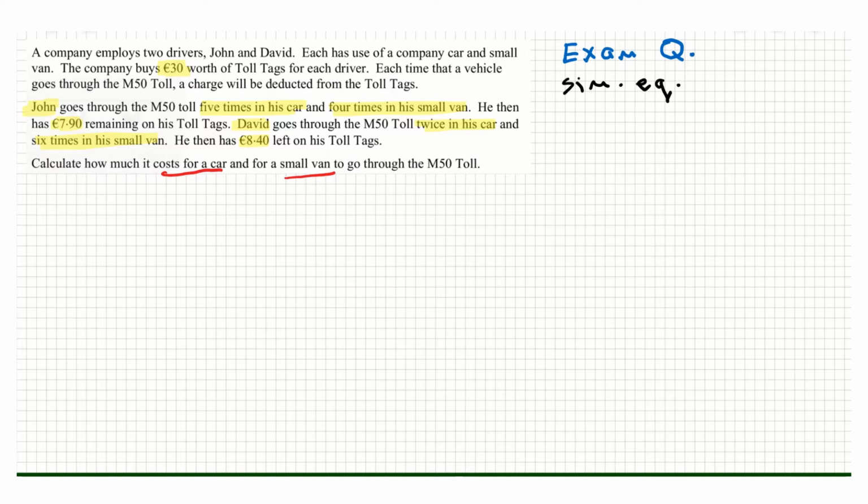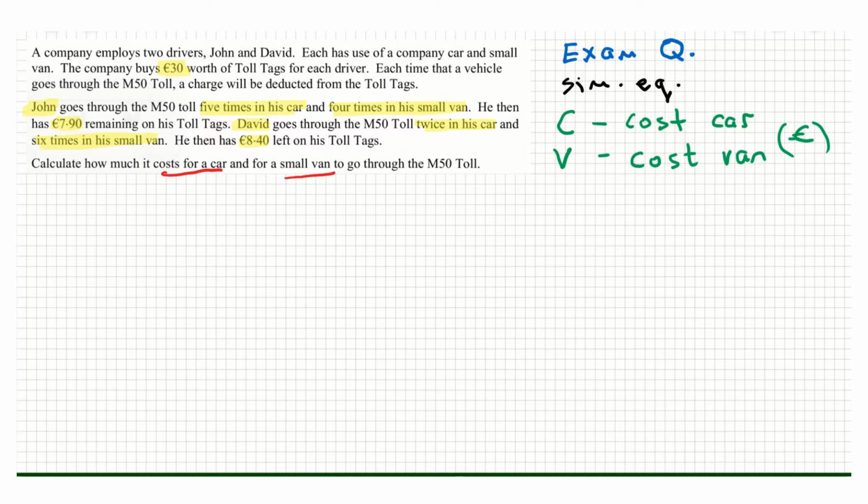So the first step, and maybe the most important, is that we are going to label C as the cost for the car and V as the cost for the van, and of course they'll both be in euros. The word cost is very important there.